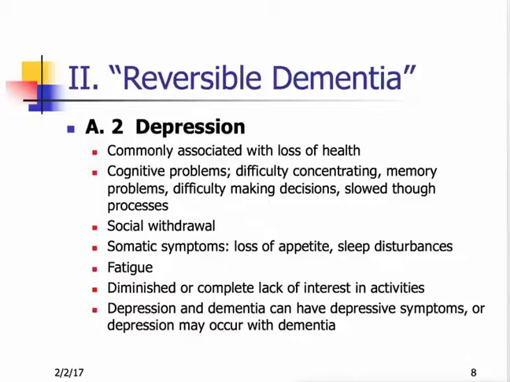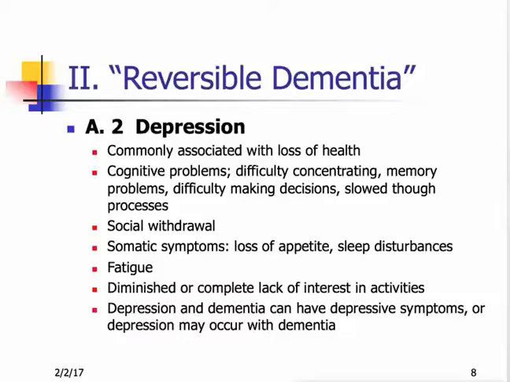Now, dementia or depression is another form of reversible dementia. And it does make sense, but those who have a loss of health or loss of function are more prone to get depressed. So the older adult population is more prone to this. The person may display problems with cognition, difficulty concentrating, memory problems, difficulty making decisions, and general slowed thought processes.